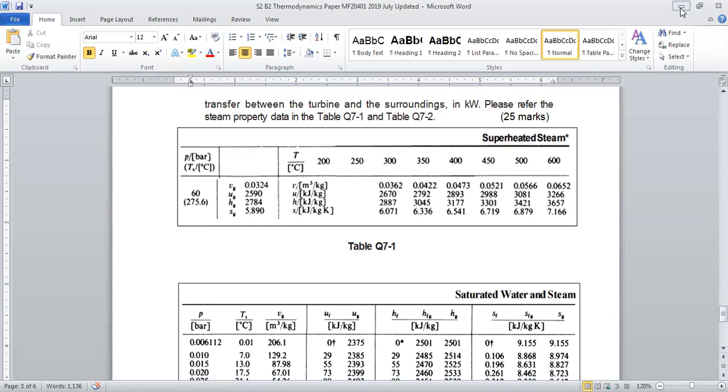So, revision 2, also minimum 2 to 3 questions.